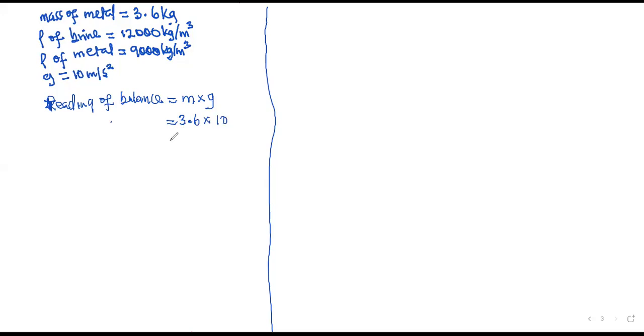So we must have 36 Newton as the reading of the metal in air. So please start marking whatever you were able to do, A or B. Okay, it's been lettered A, B.